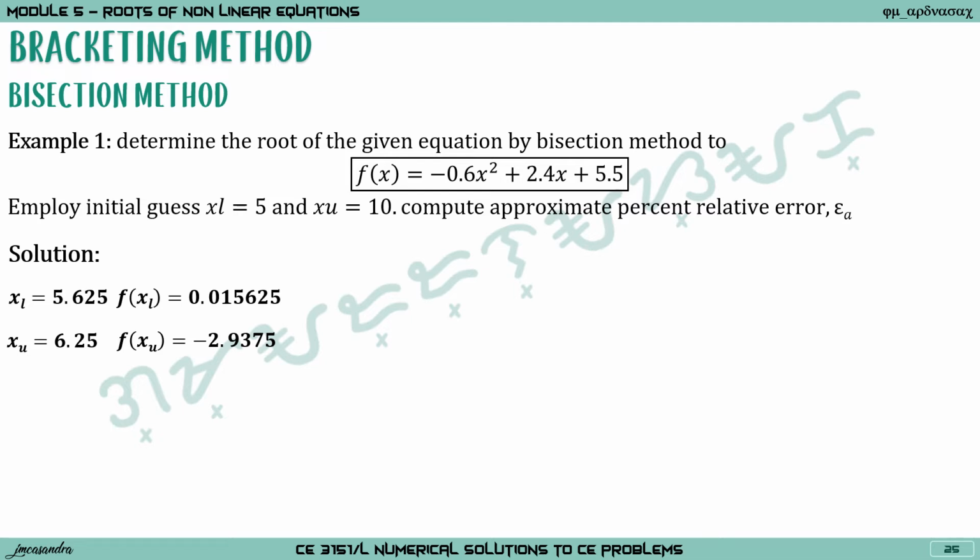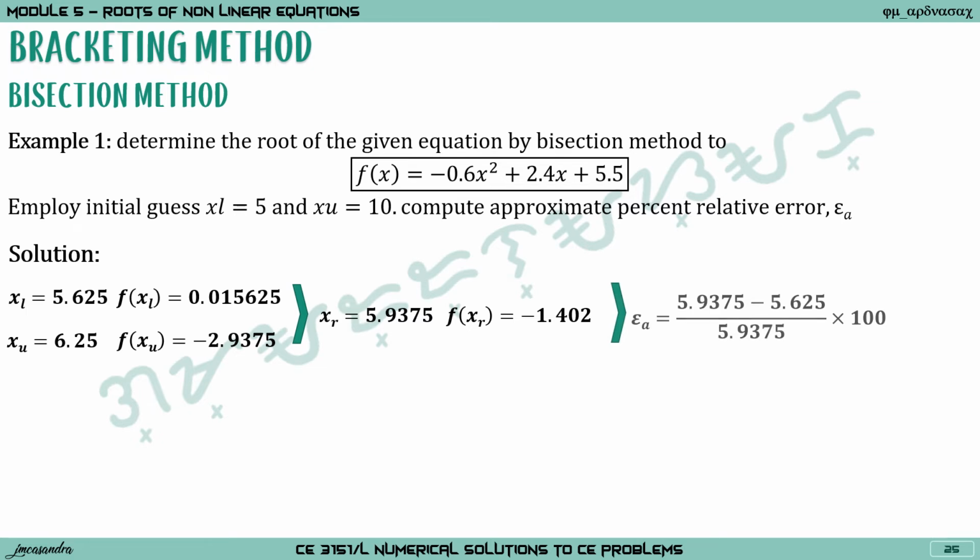So we have our new set of lower limit and upper limits from the previous slide. So again, we solve for the new x sub r, it's 5.9375. The function of x sub r now is negative 1.402.